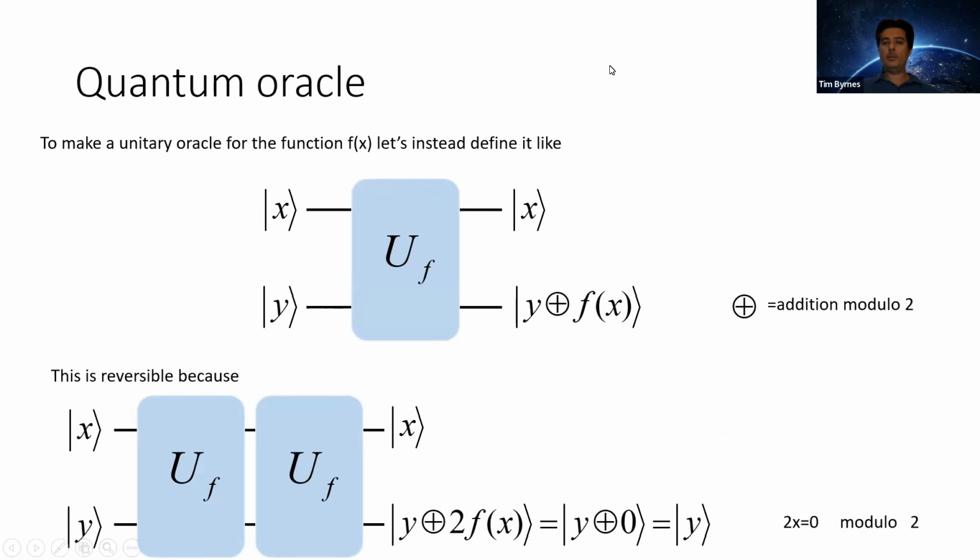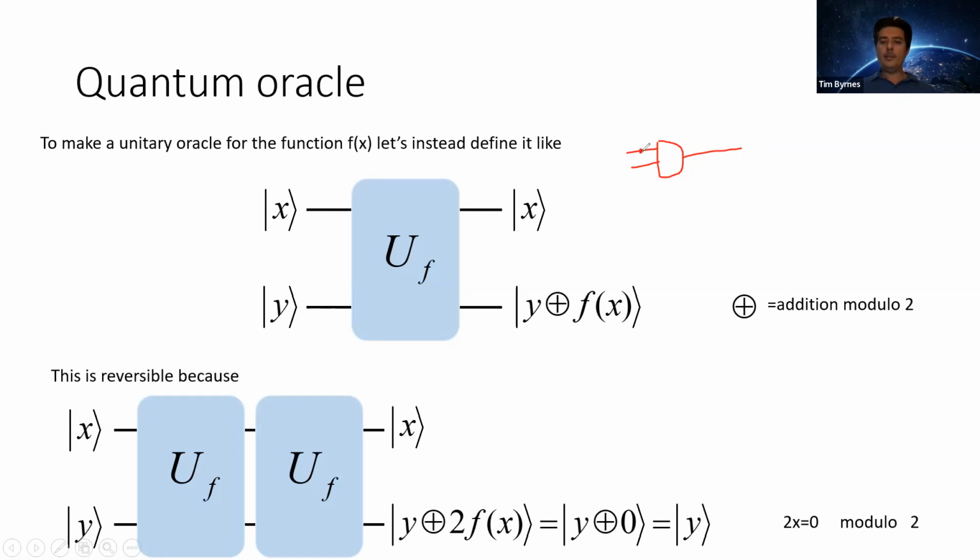When we were talking about the AND gates, we had 2 inputs and 1 output, and this is definitely not unitary, because it's got 2 inputs and only 1 output, so it's not compatible with something unitary.